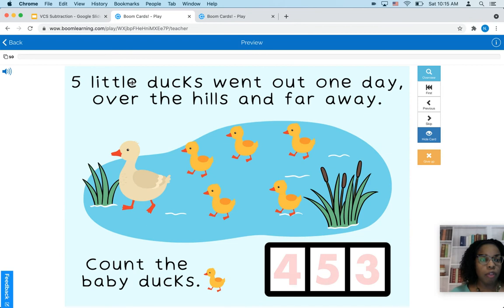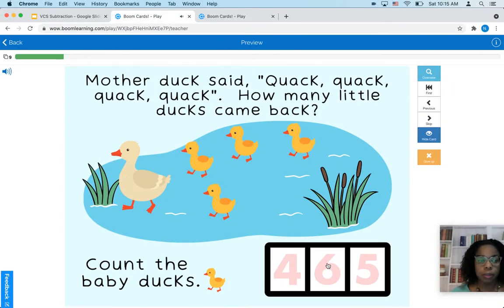So here we have 5 little ducks went out one day over the hills and far away. Students would count the ducks. Count the baby ducks. And it has the image here. 1, 2, 3, 4, 5. Students press number 5. It's correct.